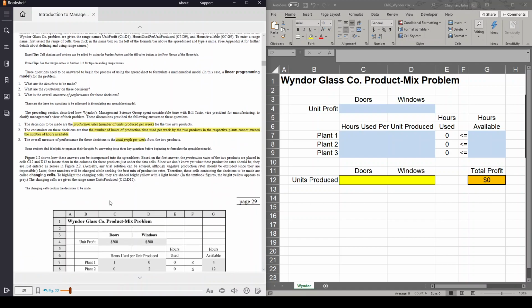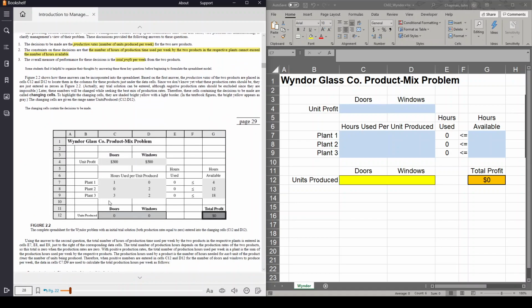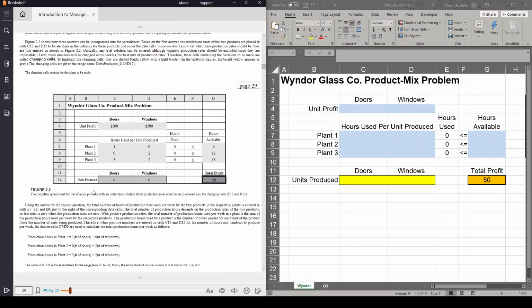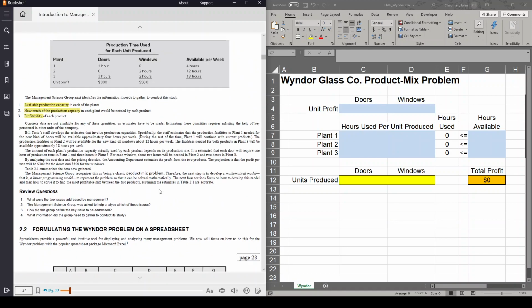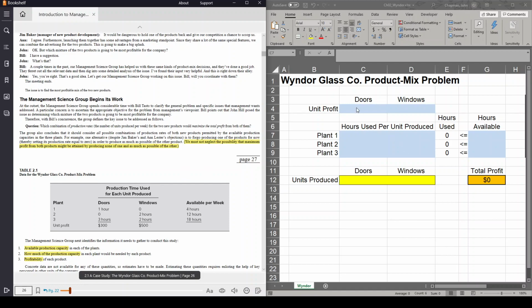So let's walk through the steps here. And here is how this data fits into the spreadsheet from the textbook perspective. But I'd like to use this table up here and put it in here.